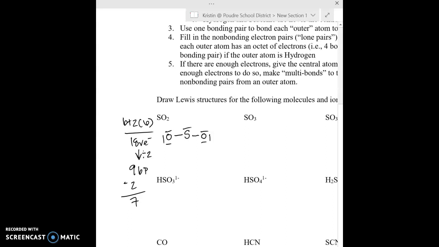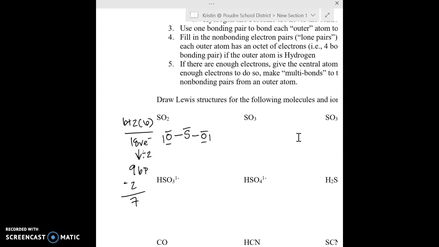Now I have to make sure that everybody has a full octet. Left-hand oxygen, 2, 4, 6, 8. It's happy. Right-hand oxygen, 2, 4, 6, 8. It's happy. Sulfur in the middle, 2, 4, 6. Sulfur is not happy. So we need to make a multi-bond so that our sulfur can also have 8 valence electrons.